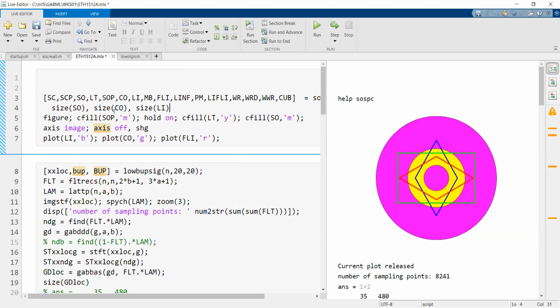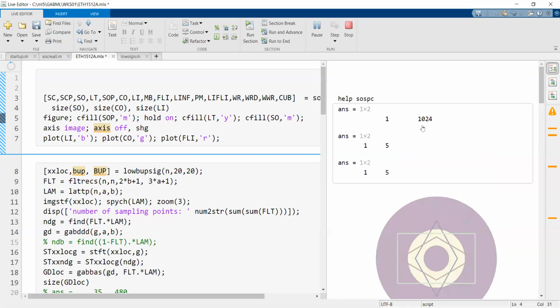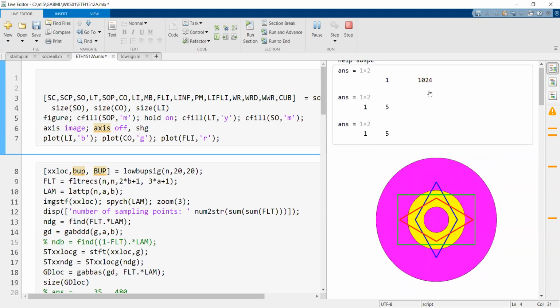So S0 is S0, C0, LE is for L1, and I rerun only this first section. So you see this first S0 is the circle, and the circle is just the unit roots of order 2 to the 10, which I'm drawing. So this is the little circle here.